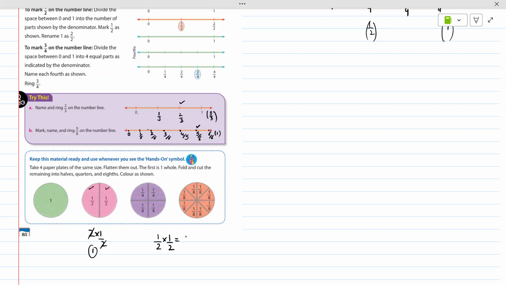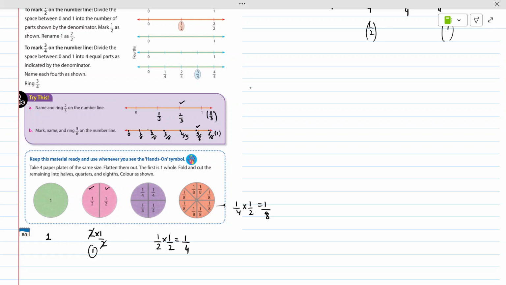So now each part is 1 by 4. So we have 4 1 by 4s. And then every 1 by 4 in this figure is again divided into half, which makes it 1 by 8. Okay, so this is how they have done it. First we had 1, this complete whole.